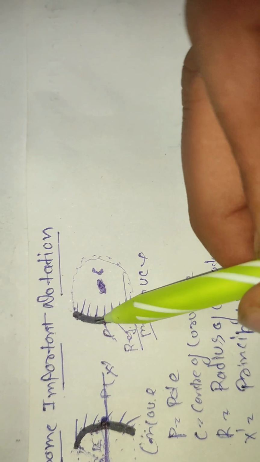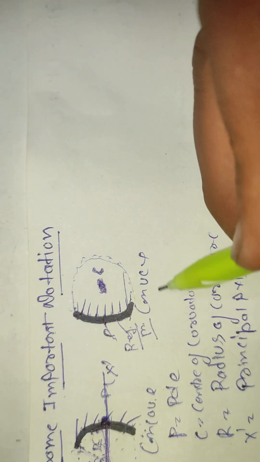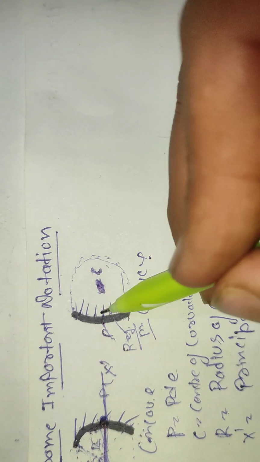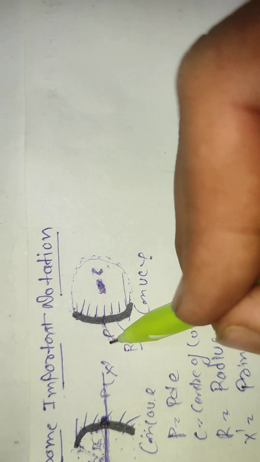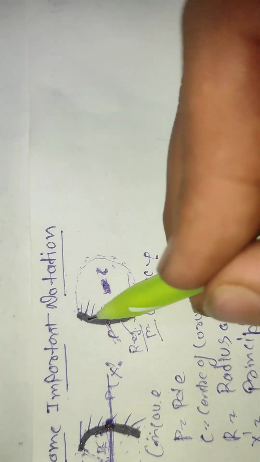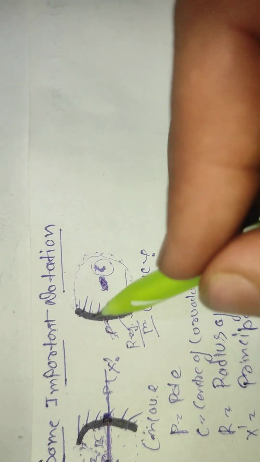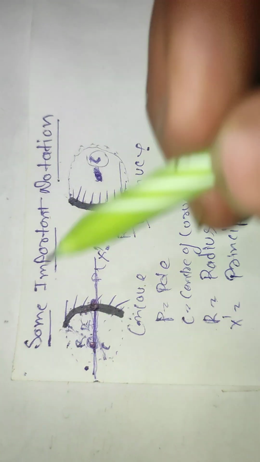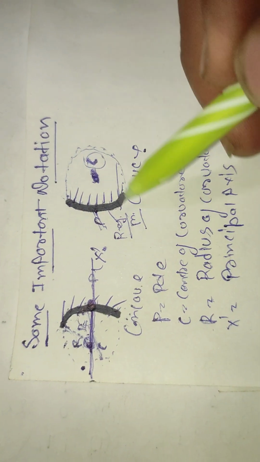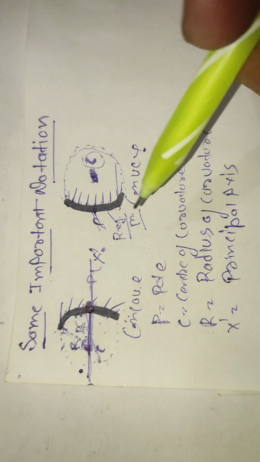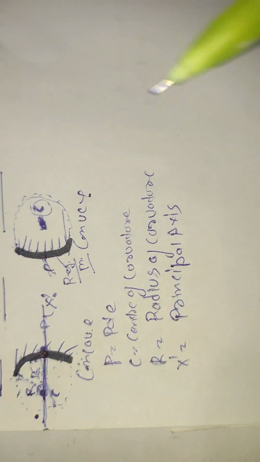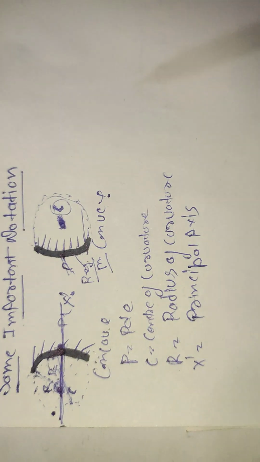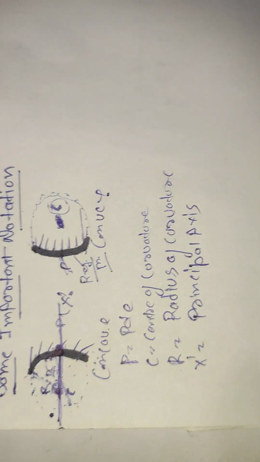In a convex mirror, the center of curvature is at the back of the mirror. This is the front side, but the back of the mirror is where the center of curvature is. Means in a concave mirror the center of curvature is at the front, and in the convex mirror the center of curvature is at the back of the reflective mirror. This is the overall important notation which we should all know.